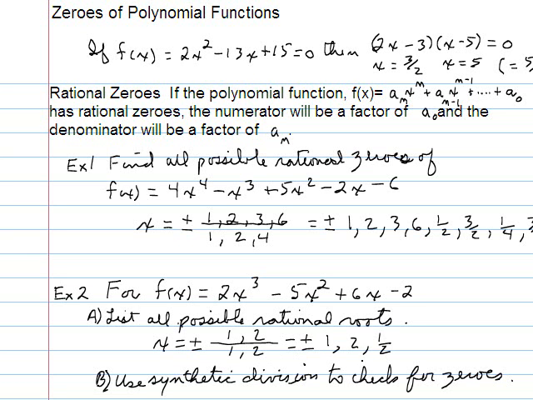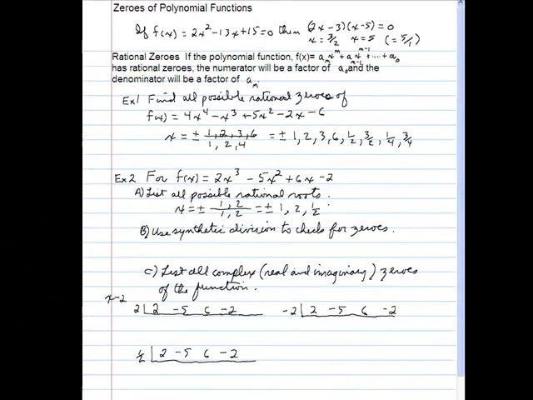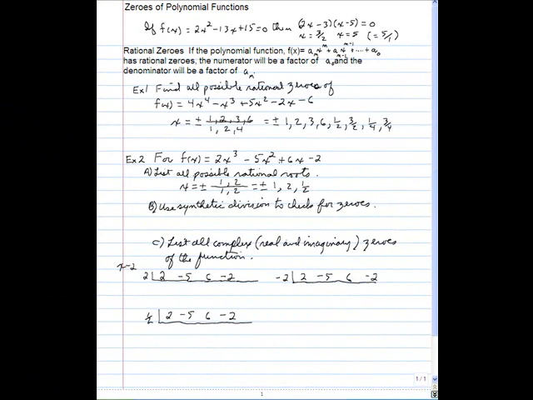So I have 6 possible zeros for that function. So if I had the polynomial equation 2x cubed minus 5x squared, I would have 6 possible solutions to the polynomial equation.